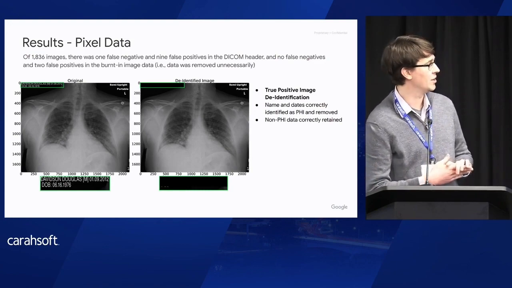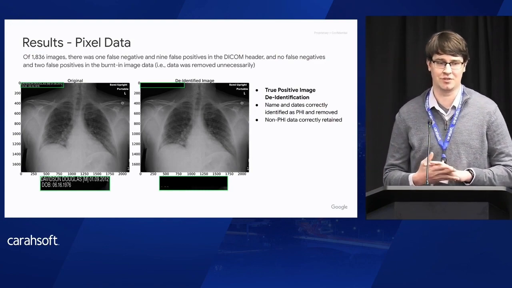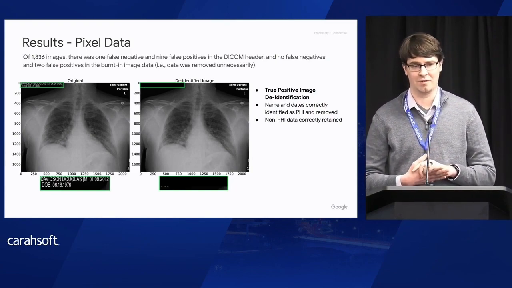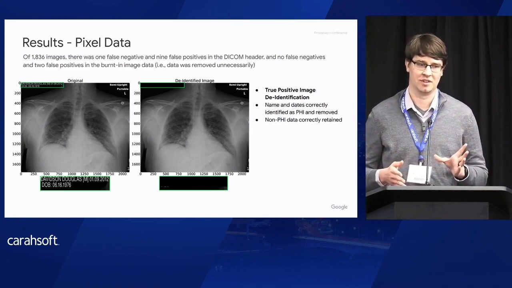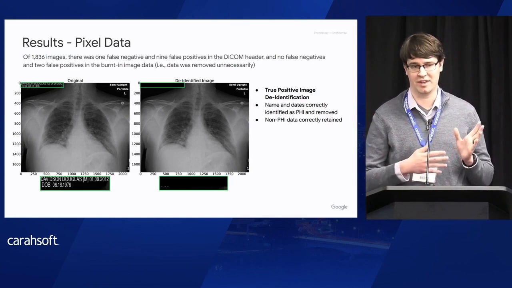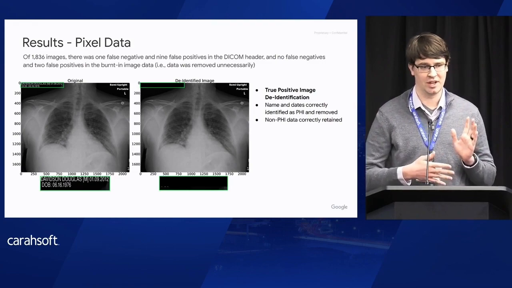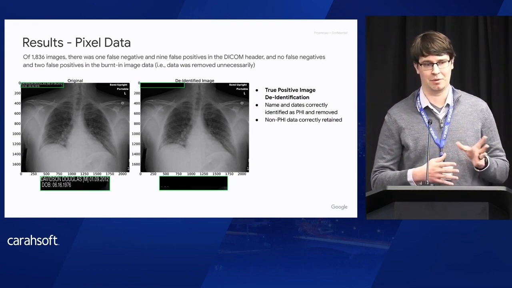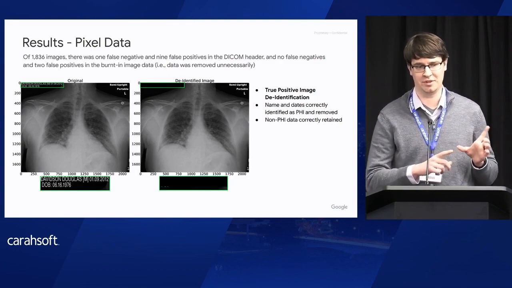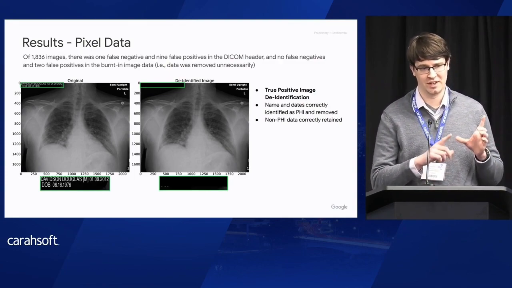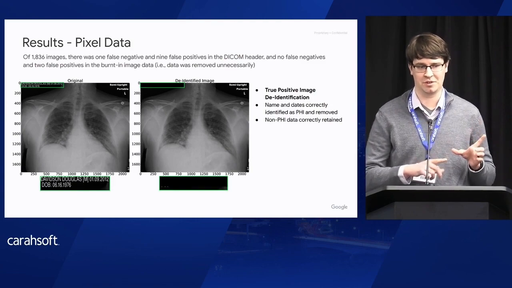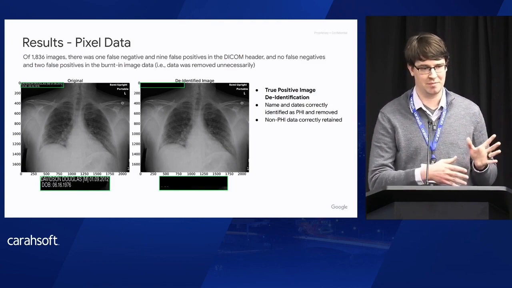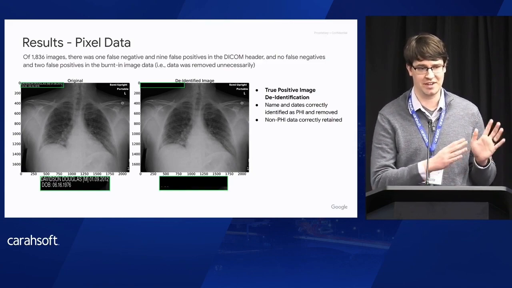Here, what I am showing you is the image that Jürgen introduced to us earlier, the chest X-ray, where we have a true positive image de-identification. The important thing here is that context matters. The Google de-identification tool was able to identify, in the burnt-in pixel data, that on the top left there was pixel data that was considered PHI/PII. That is the name, the date, and the date of birth.